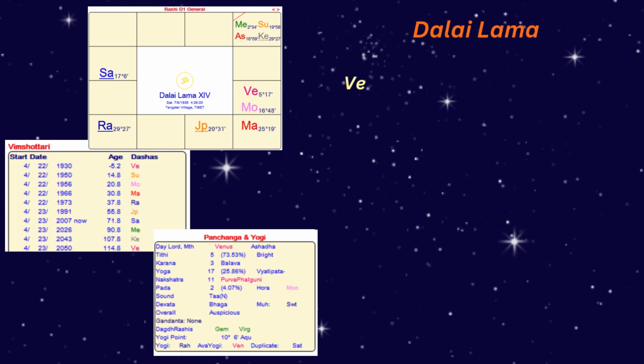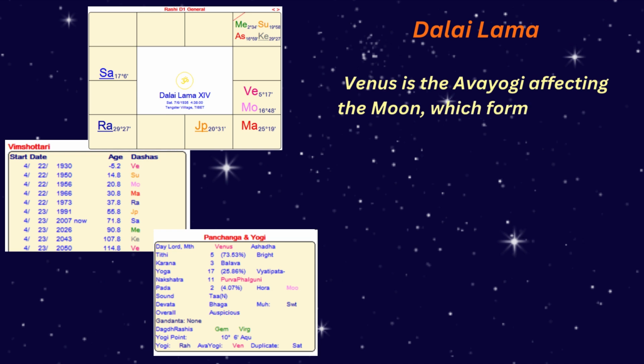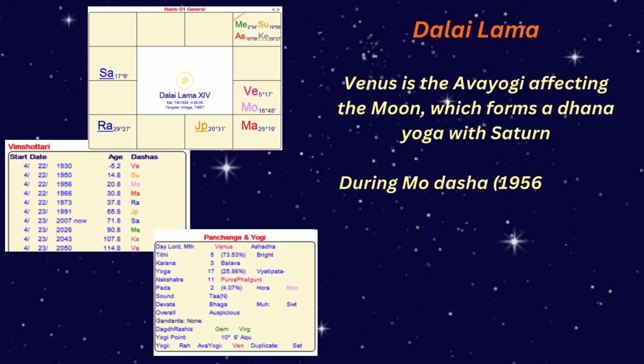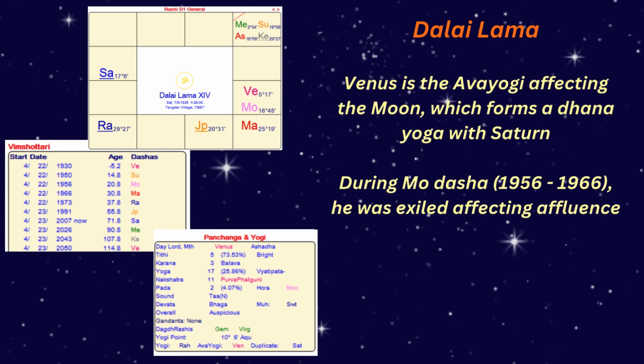Our final example highlights the influence of a strong avayogi through the chart of His Holiness the 14th Dalai Lama. In his chart, Venus is the avayogi and it has a strong influence on the Moon. It was during the Moon Mahadasha that the Dalai Lama had to flee from his homeland of Tibet, leaving behind all his possessions and royal privileges.